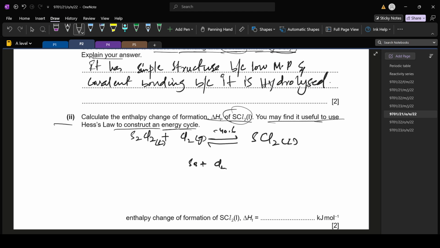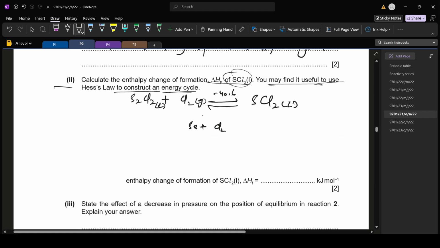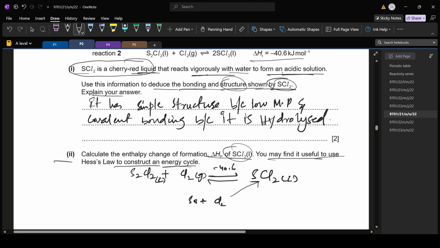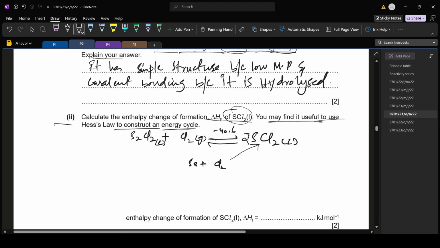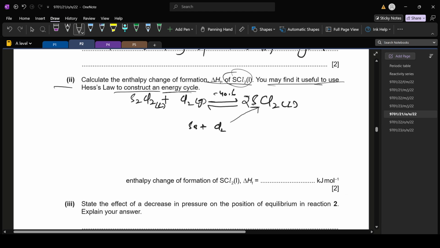Okay, so now if you want to calculate the enthalpy change of formation, S8 and chlorine. The enthalpy change is the energy change for the formation of 1 mole of compound from its elements in standard states. So this is going to be the enthalpy change of formation of SCl2, and we have to find this. In the equation you have 2 moles of SCl2, but in enthalpy change of formation you have 1 mole, so we will write this as 2x.